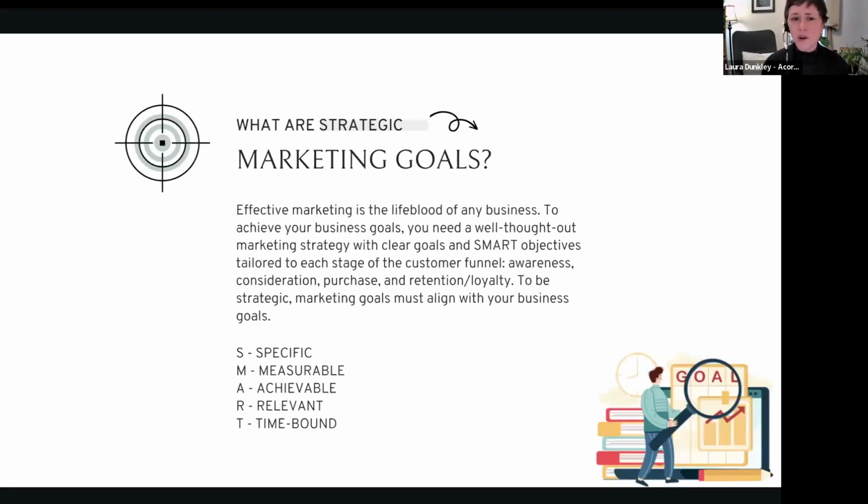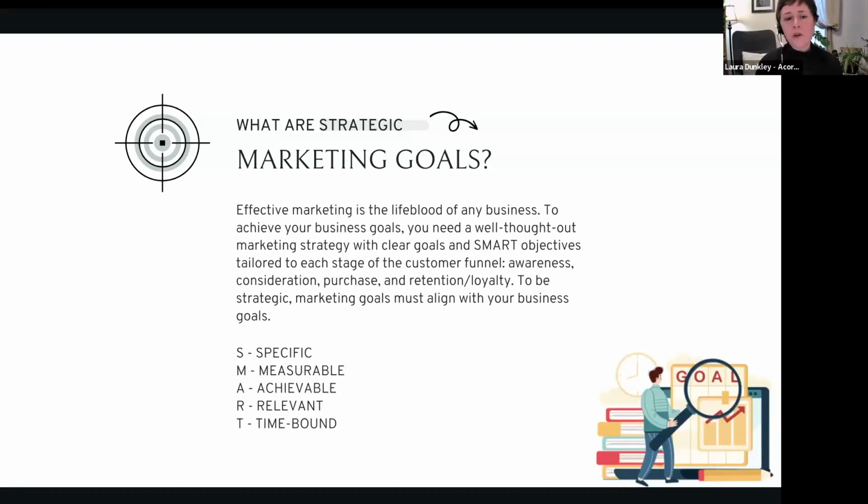So let's get started. Remember, marketing goals are where we're going to head, right? What do we want to achieve as a marketing team in our business? And we always want to make sure they're strategic. We hear that word a lot, strategic this, strategic that. But basically, it's goals with intention, that they are going to support our business goals and help us get there.